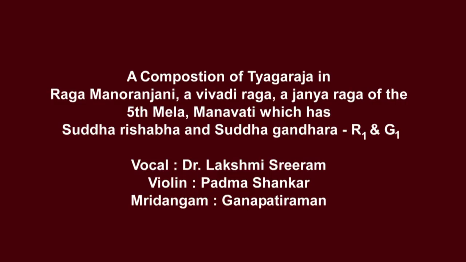To get a sense of Vivadi ragas, let us now listen to a rendition of a composition of Tyagaraja, Atukara Dani Balkani. This is in a Vivadi raga called Manoranjani. Manoranjani is a janya of the fifth Melakarta, Manavati. Now Manavati has a structure like this.